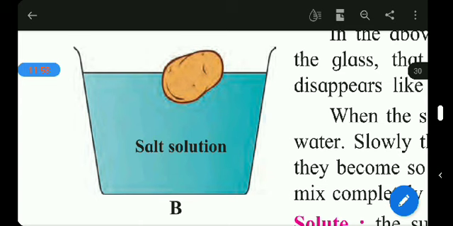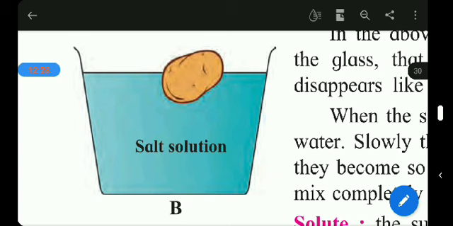Hence, the potato starts floating on it. It is the same reason why it is easier to swim in the sea than in a well or lake. Well and lake water is sweet and sea water is salty. Salty means the amount of salt present in the sea is more. That's why the density is increased, and that's why objects start floating on it.